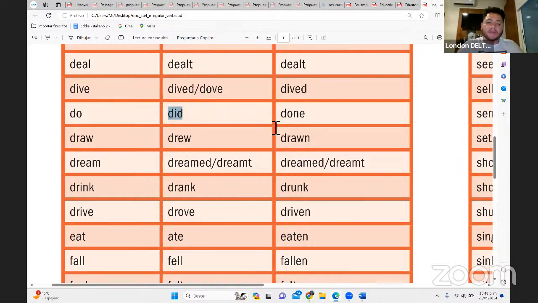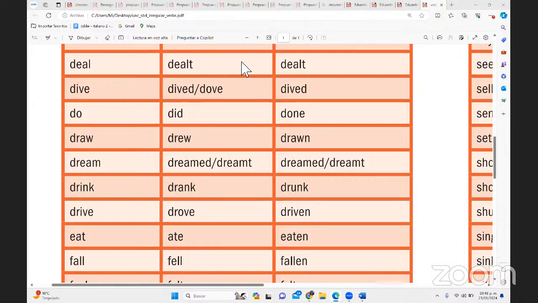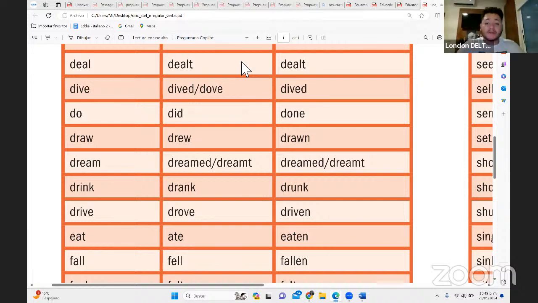Ok, guys, ¿qué verbo tenemos que utilizar con do? Si estoy utilizando presente perfecto. Done, exactly. Entonces sería I haven't done anything.